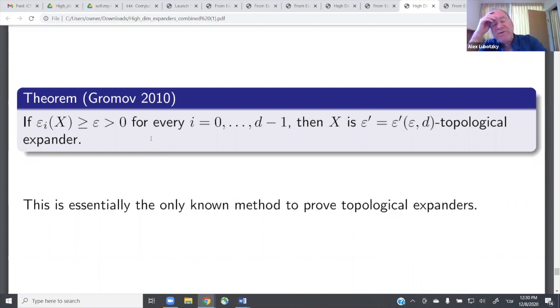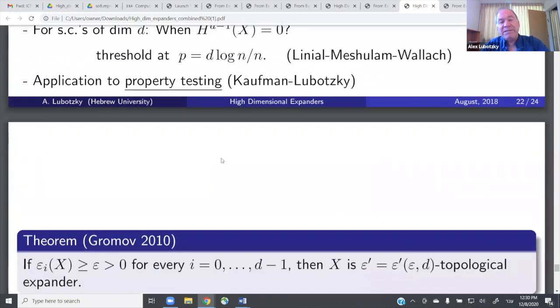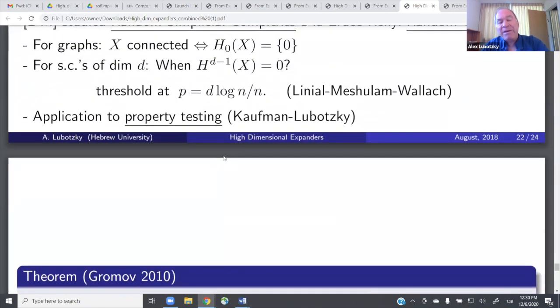It's related to the fact that, you remember I told you that for getting topological expanders for graphs, you don't have to have the graph expander. It doesn't even have to be connected. So the problem is that Ramanujan complexes are connected, but they are not higher-dimensionally connected.